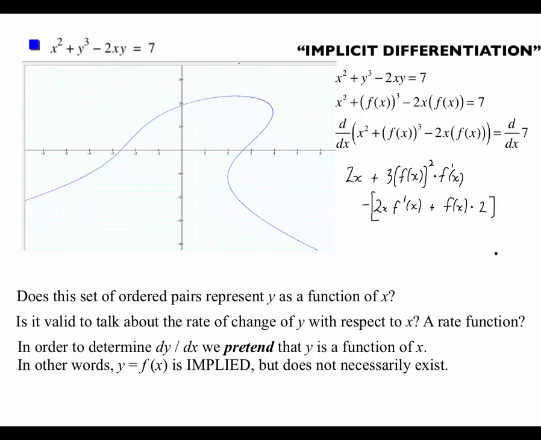Did you catch it? So all the same rules apply. If you've got a product of two functions, you need to use the product rule. And now we say equals the rate of change of 7 with respect to x. How much does 7 change when x changes? It doesn't, right? So the rate of change is 0. It's a constant.